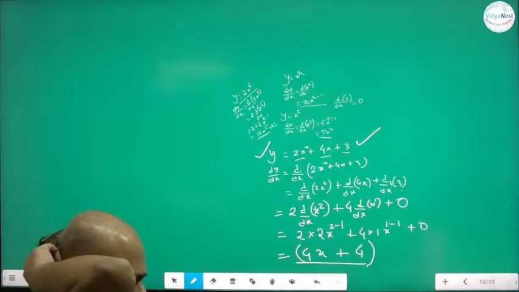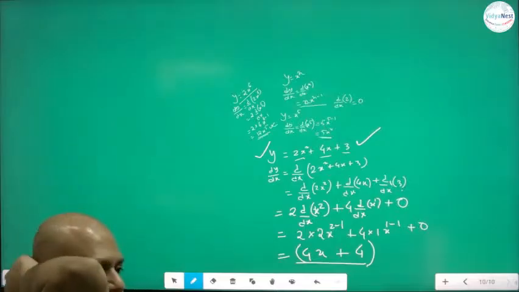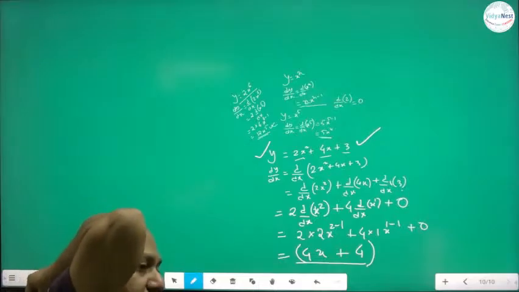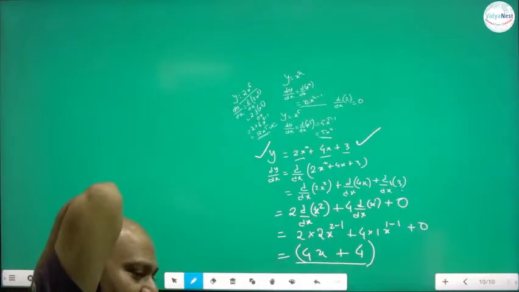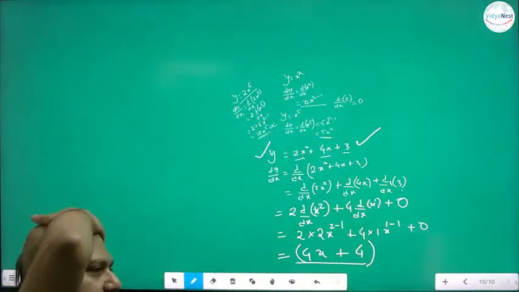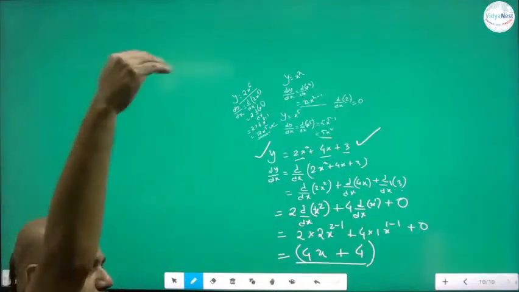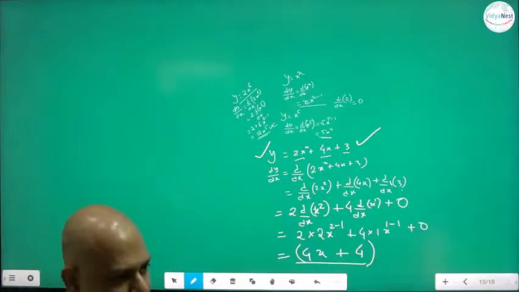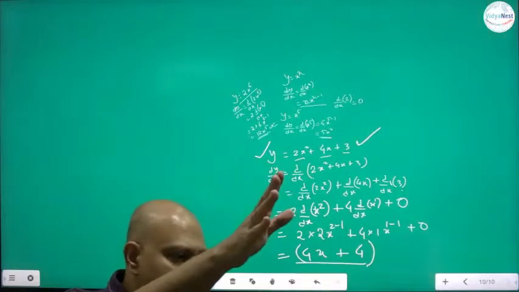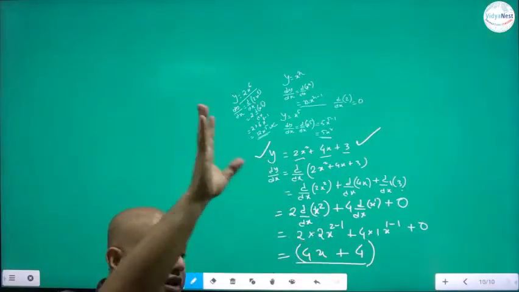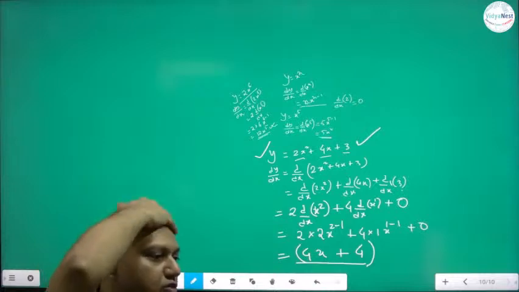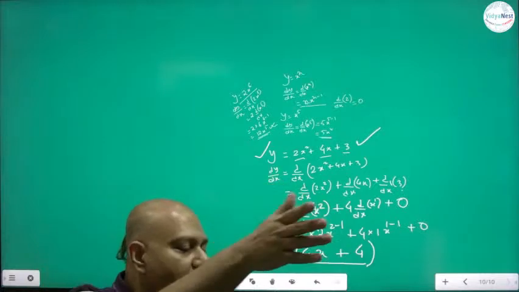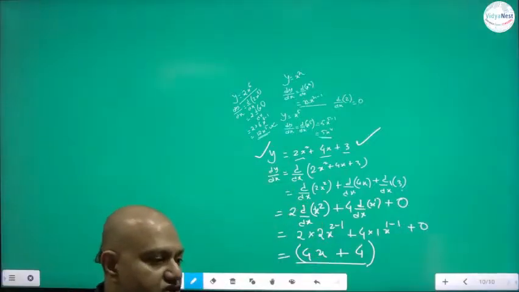So this is the thing. These are the applications of differentiation. Next day we will continue with differentiation, and I will give you one or two examples, and after that we will continue with integration. If differentiation and integration are clear, immediately we will move to one-dimensional and two-dimensional motion, because we have to apply all these principles of integration and differentiation there.